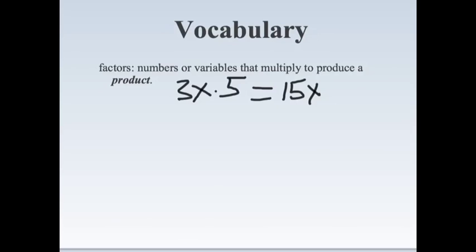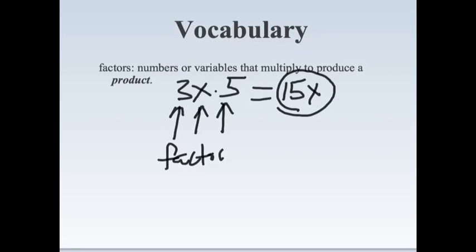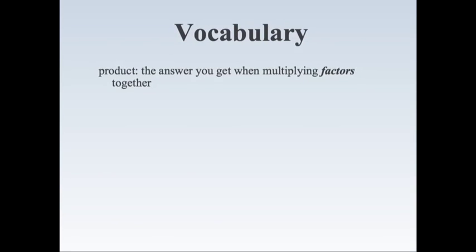The factors of this problem are 3, x, and 5. The product is here. So these guys are factors, and this is the product. And that, of course, leads us directly into the definition of the word product, which is just the answer you get from multiplying factors together.